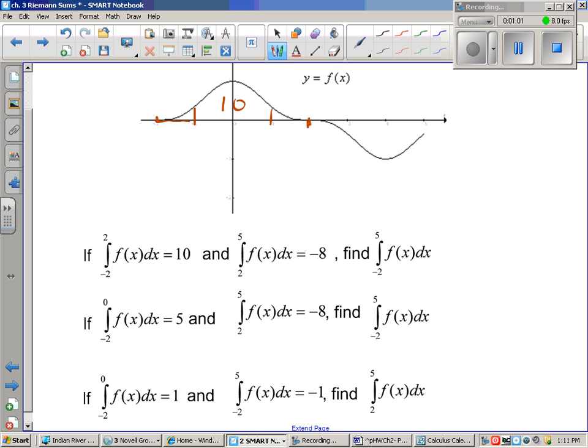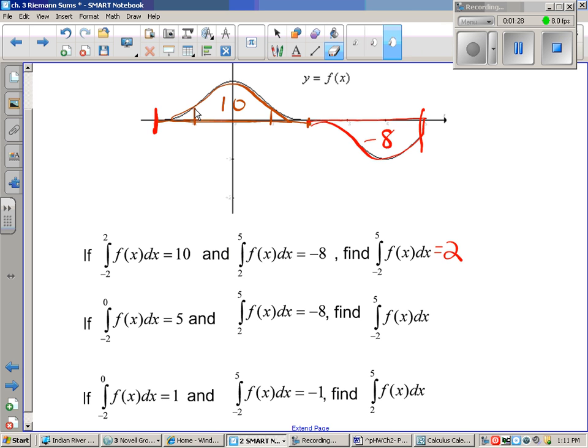It's just hard to read those numbers. If this whole section is worth 10, and from 2 to 5, this whole section, we're saying is negative 8, what then would be from negative 2 all the way to the end? How would you do that? I hope it's obvious. You'd get 2.